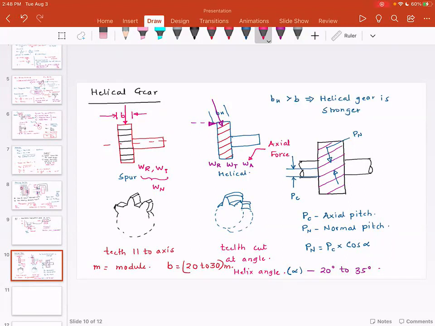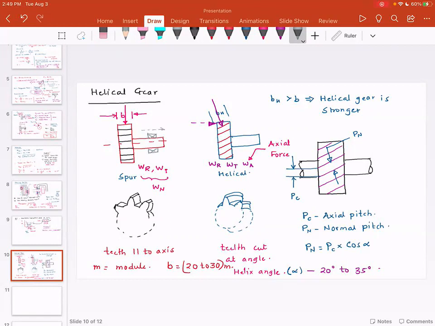Now the question here is, is this axial force good or bad? The answer is it actually depends. For example, if the spur gear is part of a gearbox, you can just use a simple ball bearing or a roller bearing, and the spur gear would work just fine, because the ball bearing is not supposed to take any axial forces.